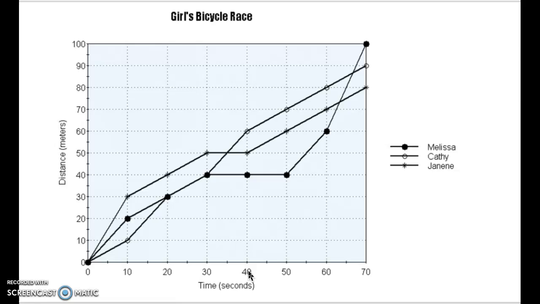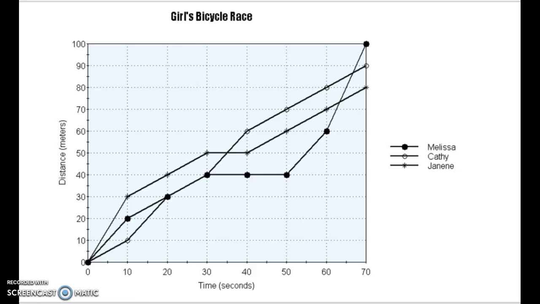Using your calculator, please find the speed of Melissa at 60 seconds. Also, please find the speed of Kathy at 30 seconds.